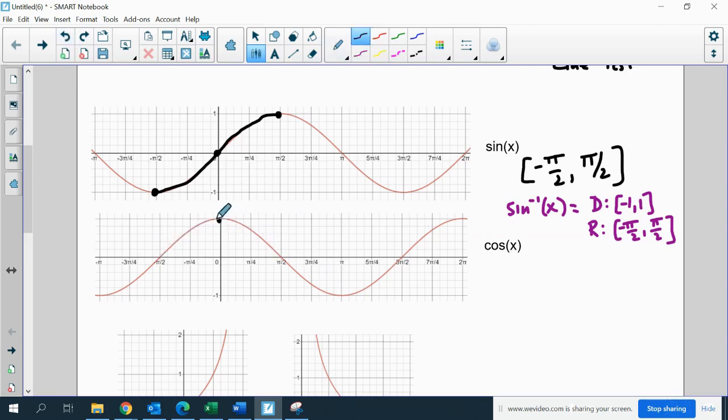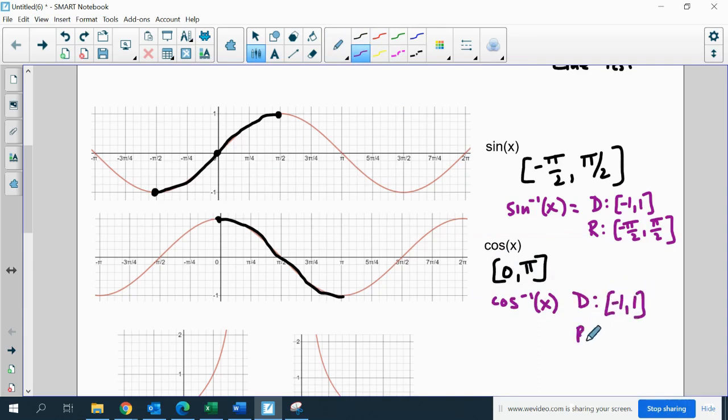So as close to 0 as possible, we're actually going to go from 0 to pi in our function. So cosine inverse has domain negative 1 to 1 and range 0 to pi.